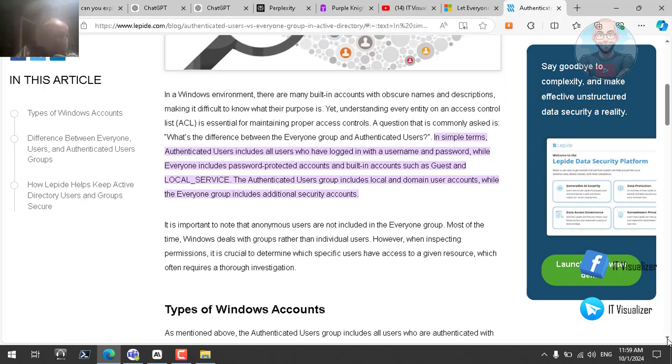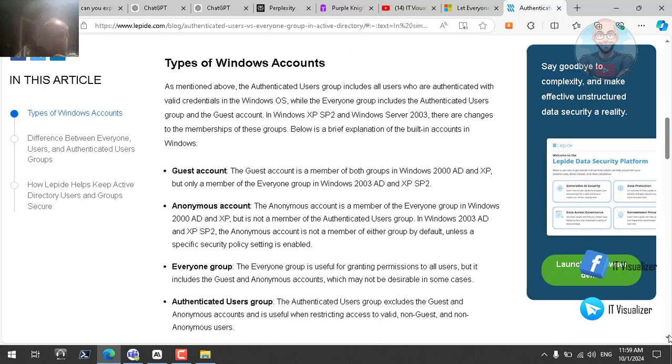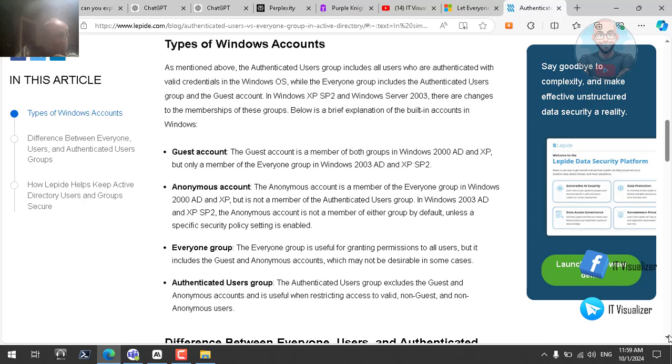So if we go further in this URL, it says that, as mentioned above, the authenticated users group includes all users who are authenticated with valid credentials in the OS, while the Everyone group includes the authenticated users group and the guest accounts. It includes both, okay, in Windows.